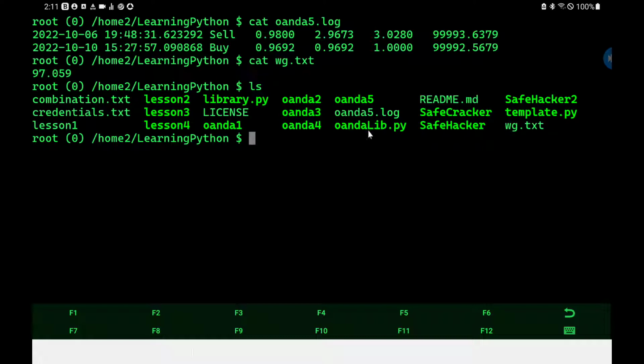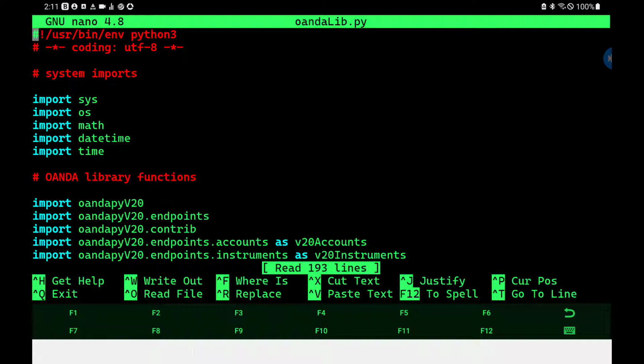So all of the Python code that we put together over the last several lessons is now in one file, the Oanda Library. And it has to have a .py extension, as we discovered from the Safecracker program and that video. So here we are, the actual Oanda Library.